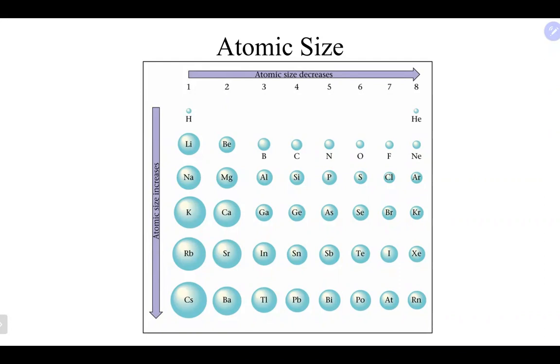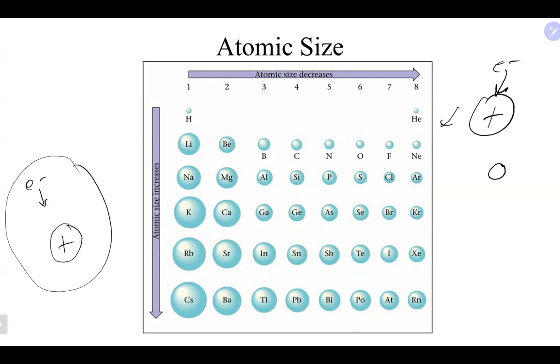It gets larger as you go up and to the right of the periodic table, so everybody's brought in a lot closer to each other. You have a lot more protons on this side, which makes a bigger positive charge to pull those electrons in, which means the overall size of the atom gets smaller. There's a little less happening here in terms of effective nuclear charge, so they don't pull those electrons in as far.